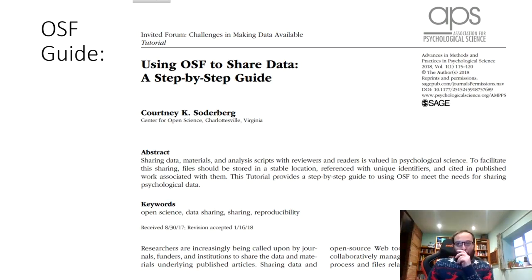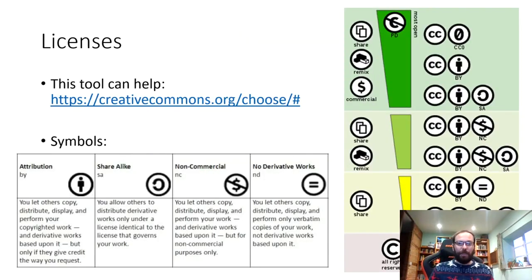Okay, so one of the core things around sharing is people worry that they might get scooped. People might use their data for other purposes, things like that. And what we can apply is licenses, which help limit that. You can have a variety of combinations of these symbols to help decide or limit who has access or how open it is.